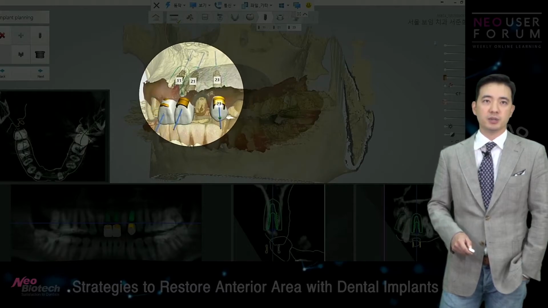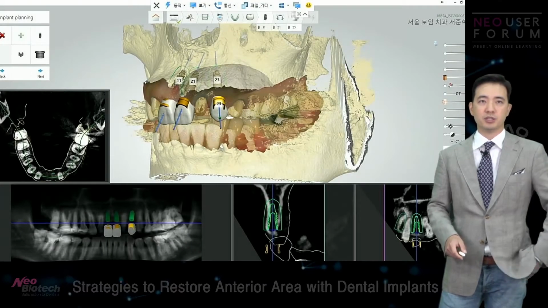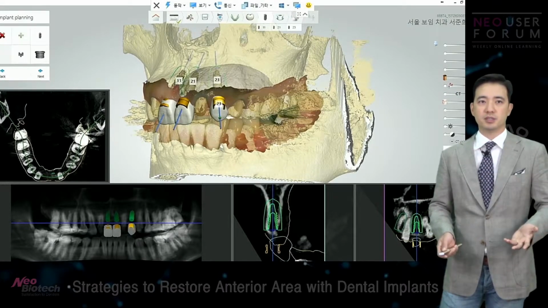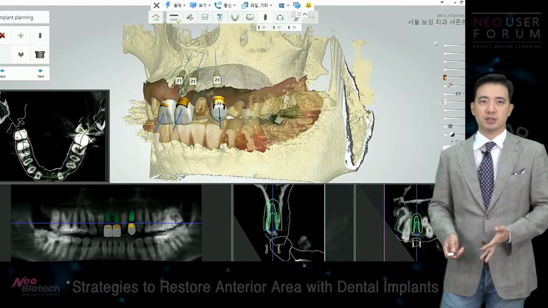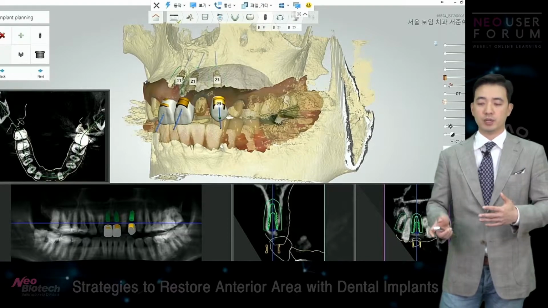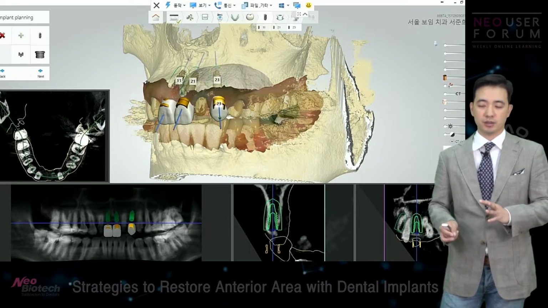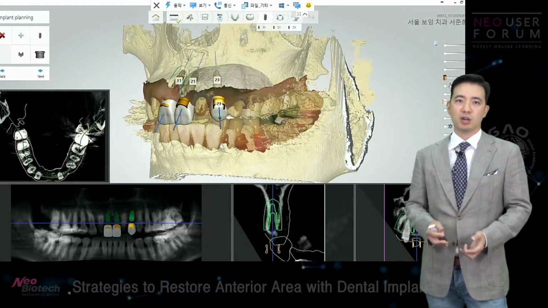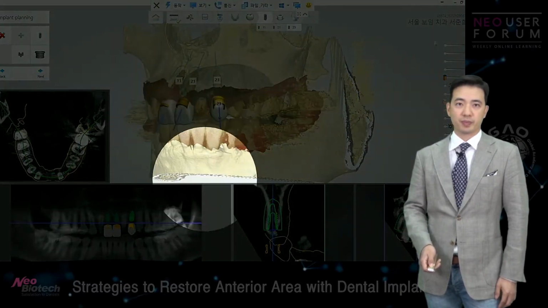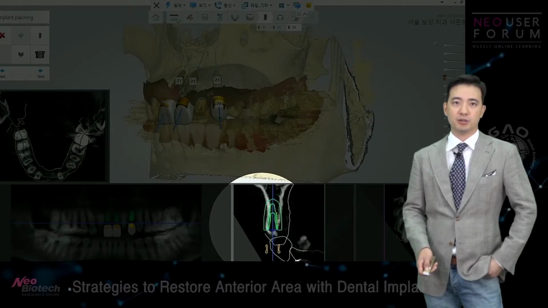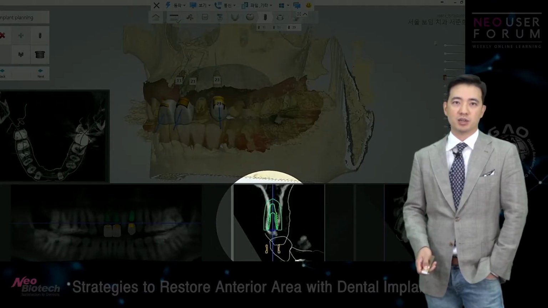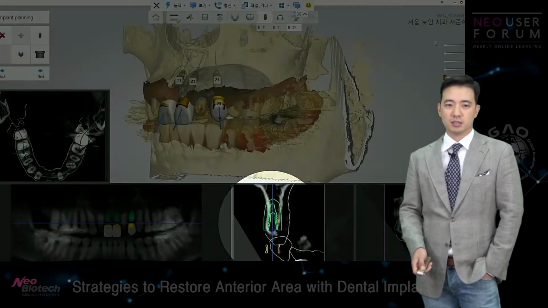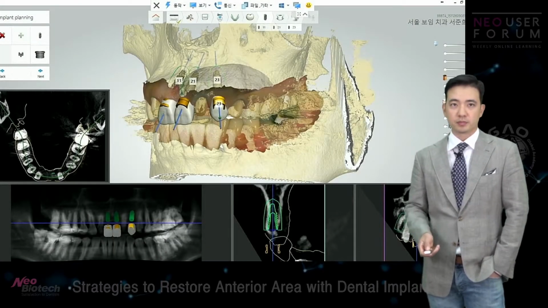Because you know the patient's maxilla is like this, there's no way around. When I first sent my scan, the technician naturally thought, okay, there's no room for the implant to go in, so I'm just going to put the implant in the middle of the bone, and there's only so much we can do.